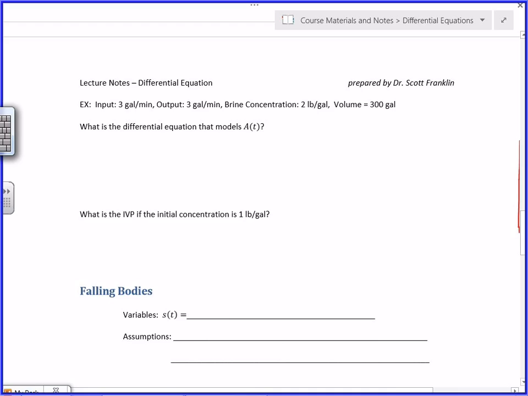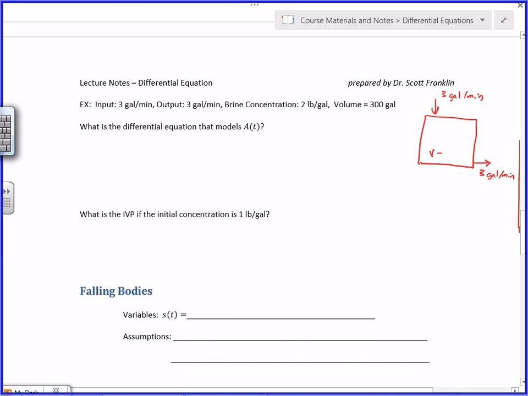All right. So let's say we've got a tank where, and I'm going to draw a picture over here, and I'm going to actually make it even simpler because I'm not very good with this little tablet over here. Coming in and going out. Coming in, we have 3 gallons per minute. Going out, we have 3 gallons per minute, which means the volume is going to stay the same.